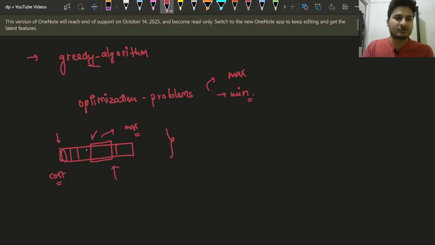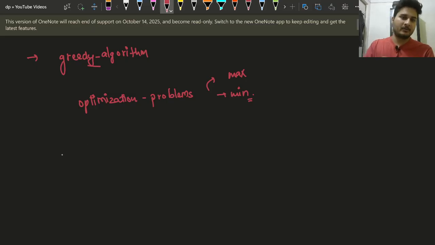You can buy at this position and sell at this position, or buy at this position and then sell later at that position. So you have to find maximum profit or minimum loss or something like that, and in this manner you will be solving these kinds of problems.